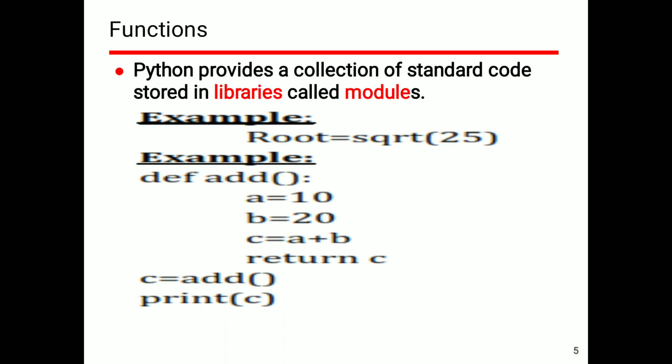Python provides a collection of standard code stored in libraries called modules. In C programming, libraries are stored in header files. For example, the stdio.h header file contains printf, scanf library functions.